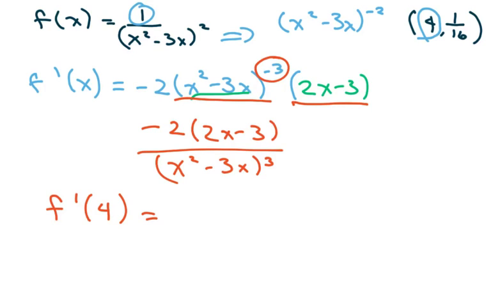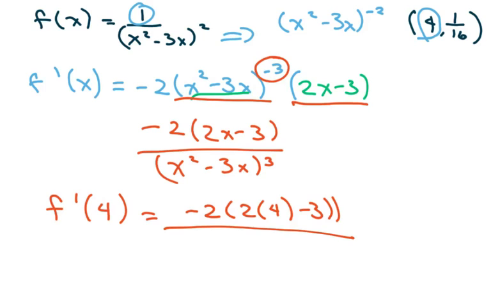The derivative at 4. So we get negative 2 times (2 times 4 minus 3) over (4 squared minus 3 times 4) cubed. And that's going to give you negative 5 over 32.